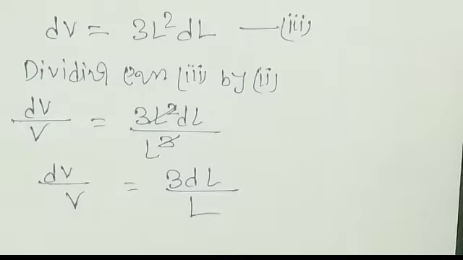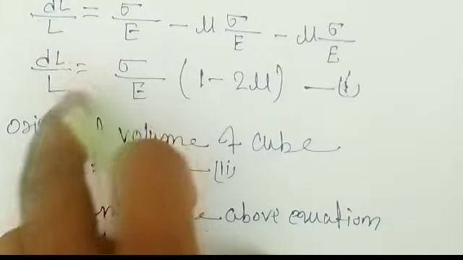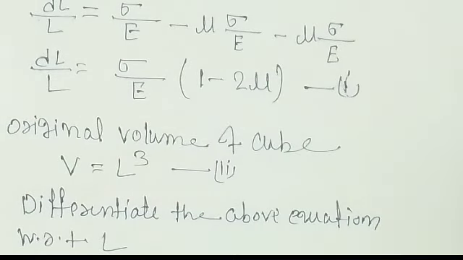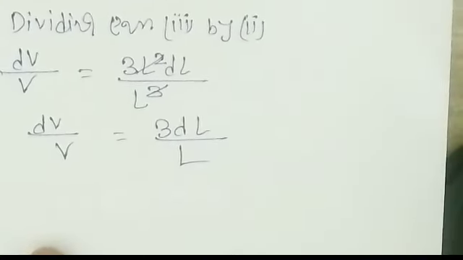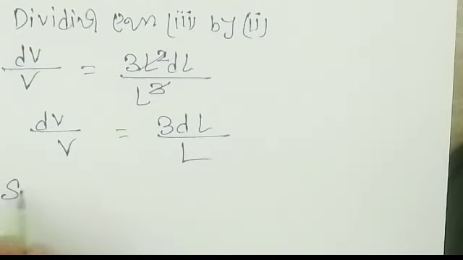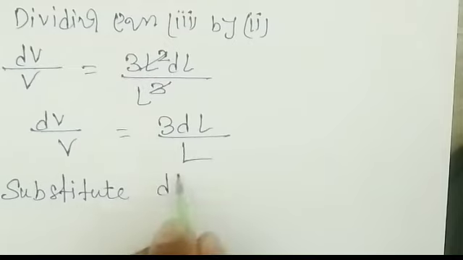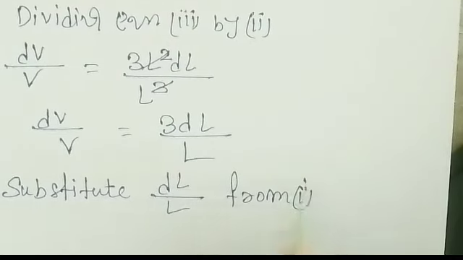So again, dl by L is what? The dl by L we already calculated, that is the total strain in a cube, sigma by E times 1 minus 2 mu. So we can substitute dl by L from equation 1.